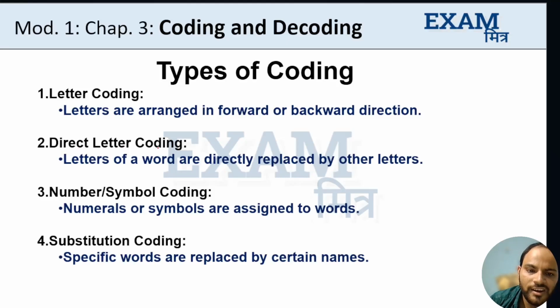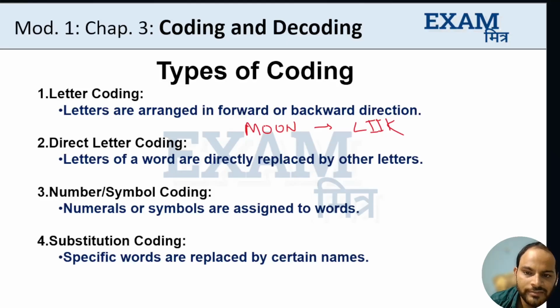Again, there is direct letter coding. Direct letter coding is not based on backward or forward skipping. The letters are just directly replaced. For example, if I write moon as, let's say, Liik, there is no relationship between M and L, or O and I, and so on.